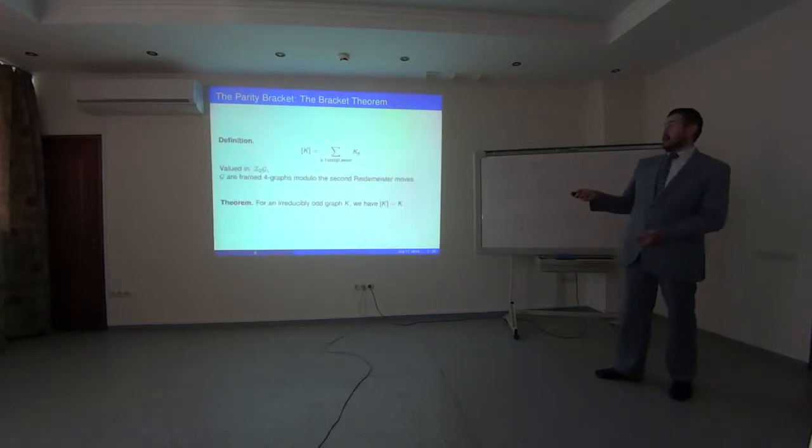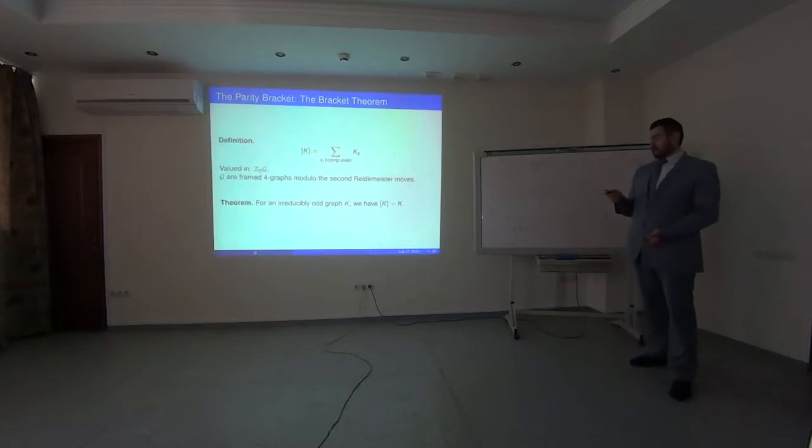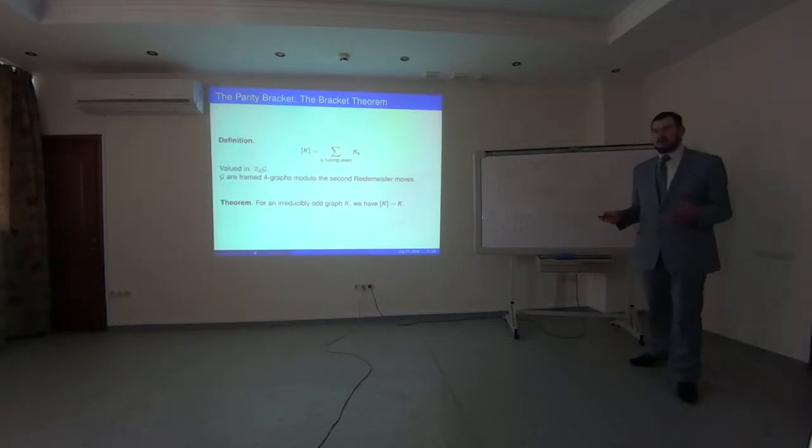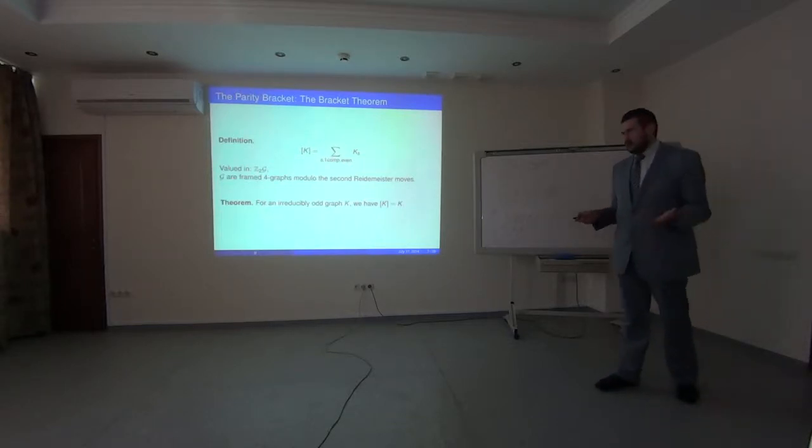Then I construct the bracket. This is the formula for my parity bracket. We have a 4-valent diagram here, and then I take all possible smoothings at crossings. I smooth only at even crossings. I don't do anything to odd crossings. So odd crossings remain rigid crossings.